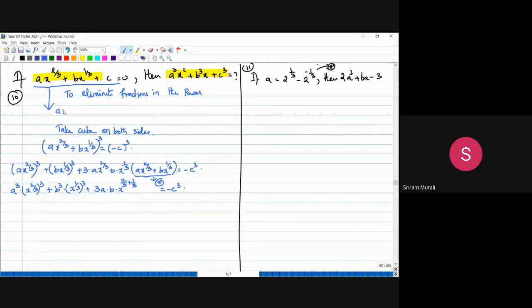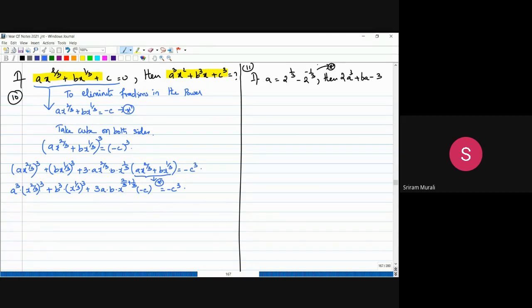Right, it is a x power 2 by 3 plus b x power 1 by 3, it is equal to minus c. I call it as star so that this will be equal to minus c. Now what I do, I bring the c cube to this side and this term to the right hand side.